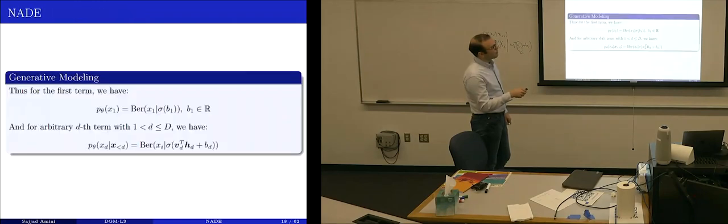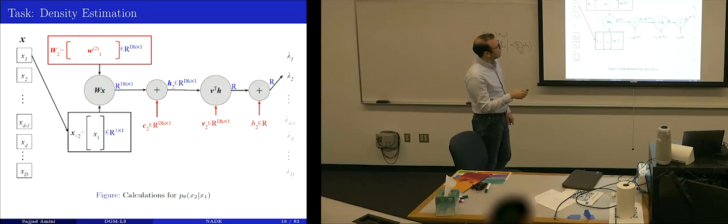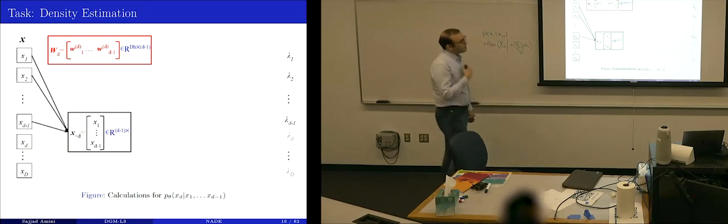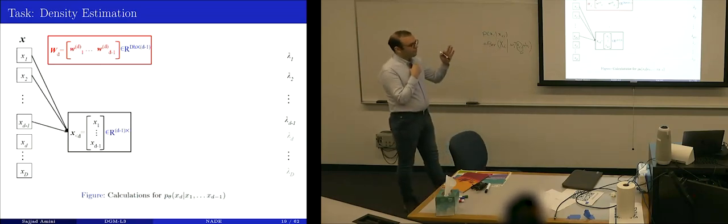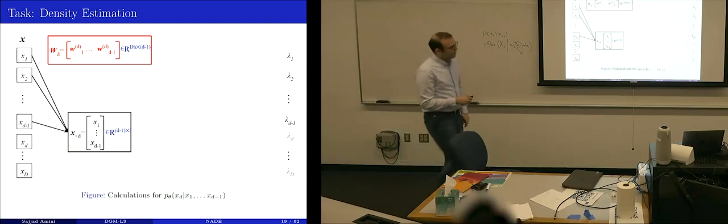We saw previously how I can generate lambda 1, and now how I can generate lambda 2. So for the general case of estimating lambda d, for example, assume that I am in the dth position.